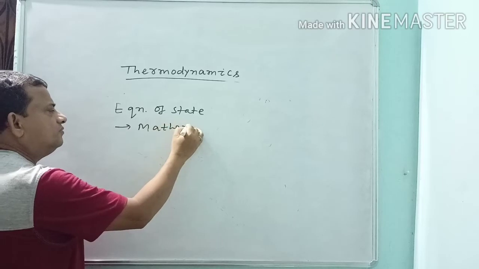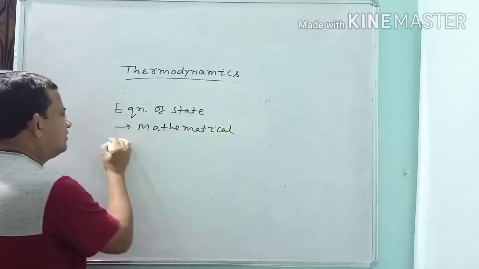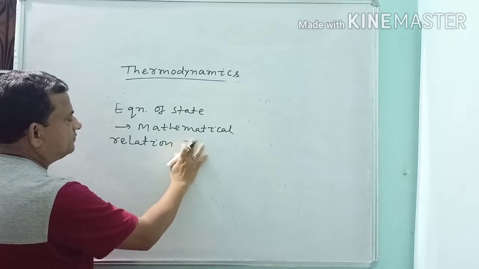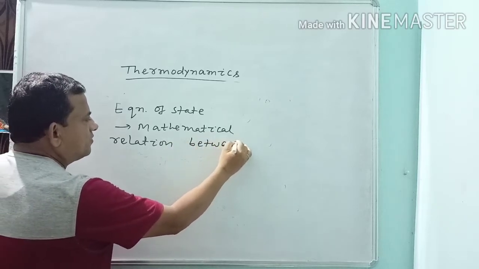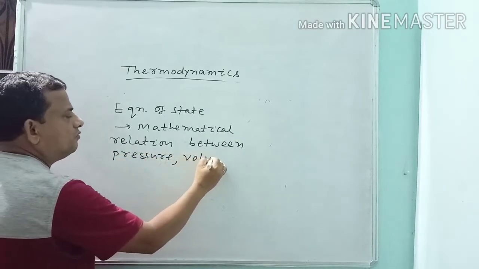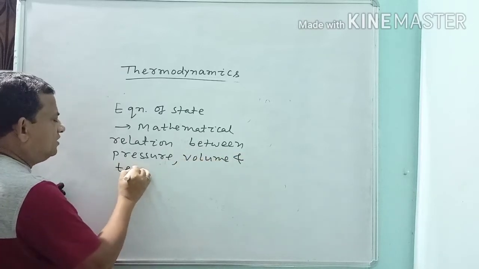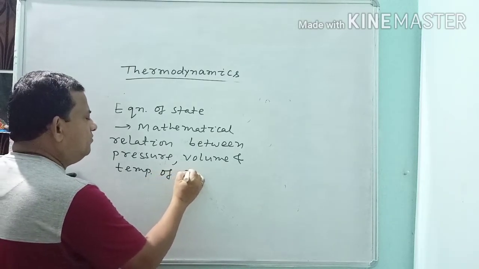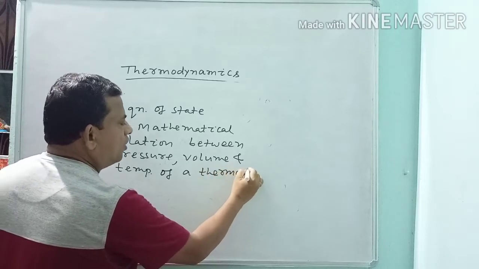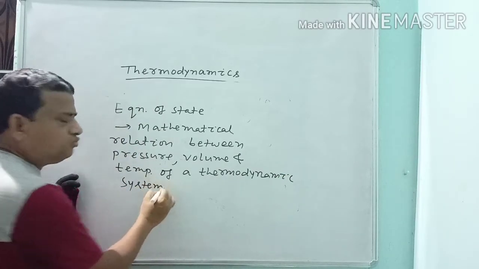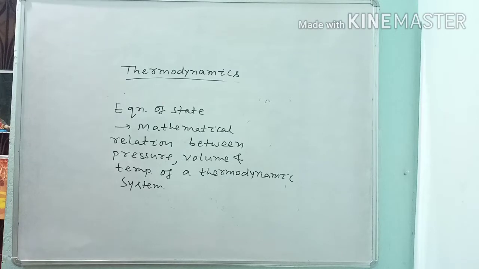Mathematical relation between pressure, volume and temperature of a thermodynamic system. So this is what your equation of state.